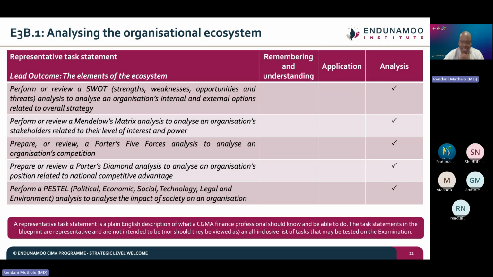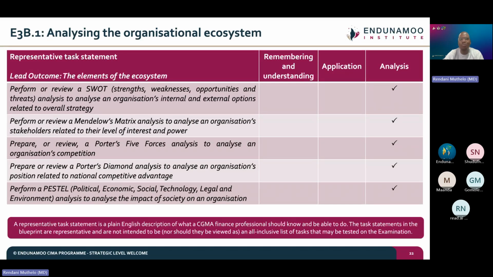Then now you might say, okay, it's starting to make sense. But if I'm to explain my skills to an employer, what am I saying? What will the objective test help me to do? The objective test will help me to, one, perform or review a SWOT analysis to analyze an organization's internal and external options related to the overall strategy.